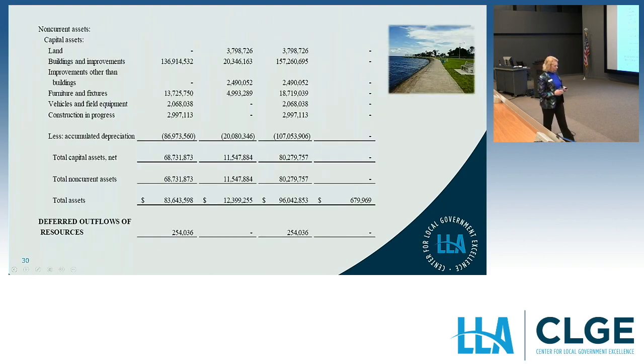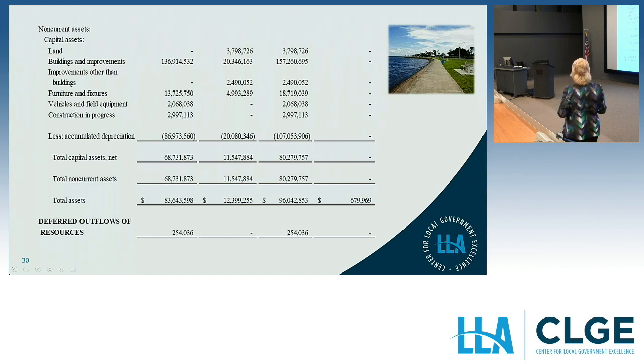But they also have non-current. So the format on a statement of net position is current and non-current. Why? Economic resources measurement focus, right? This is just so cool. It keeps coming back. You see how it all kind of comes together and helps us to understand?